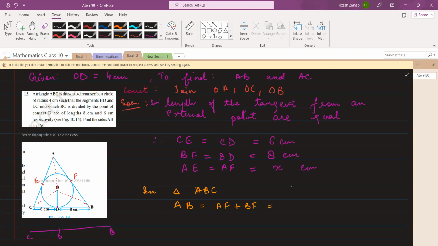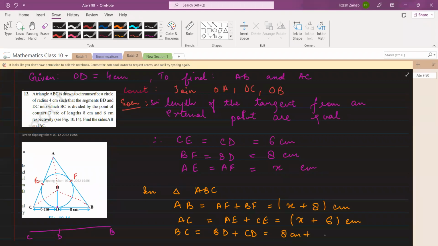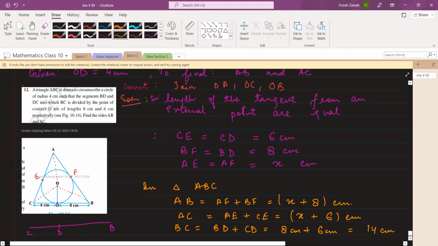AF we have assumed X and BF is 8, so X plus 8 centimeter. Similarly, the other side AC is AE plus CE. AE is again X, CE is 6, so X plus 6 centimeter. And the other side BC is BD plus CD, so 8 plus 6, which is 14 centimeter. So I have got the three sides of the triangle.